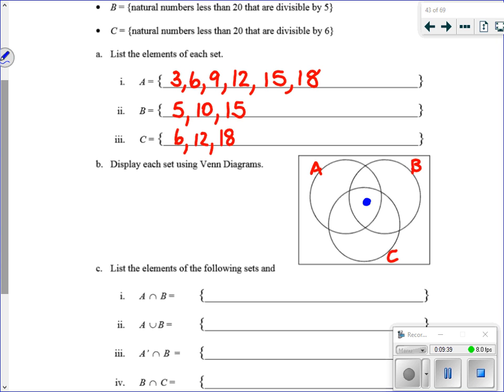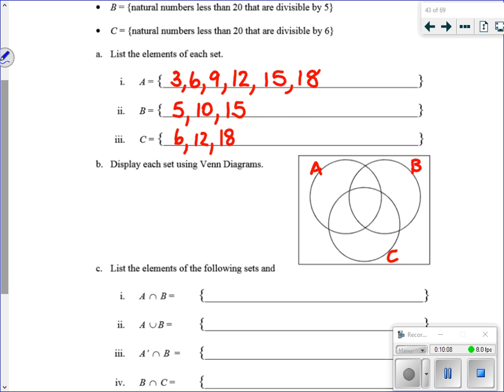In other words, they would be an element of set A, and an element of set B, and an element of set C. What numbers should I put in that center section? Are there any elements that would be in all 3 sets? No, there aren't. So nothing goes in that middle section.